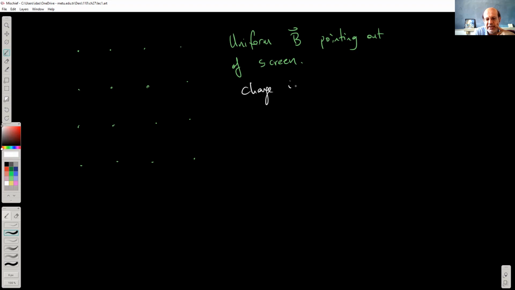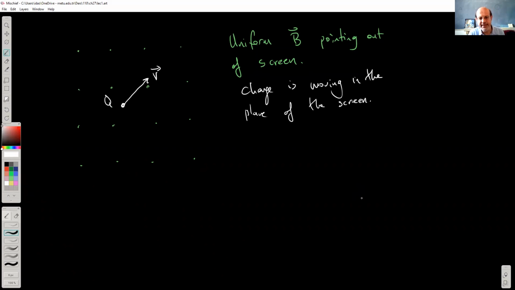A charge is moving in the plane of the screen. So there's some kind of a charge in here, which is moving like that. The velocity is within this plane.